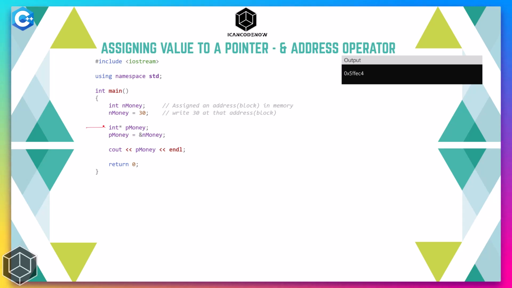This is the declaration of the pointer, and this is the assignment of an address to this pointer. To store the address of anything, we prefix this address operator to the variable whose memory address we want to store. If we then print this pointer value, we get this address printed on the screen.